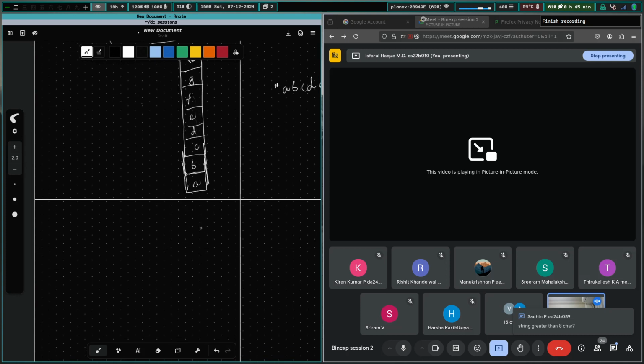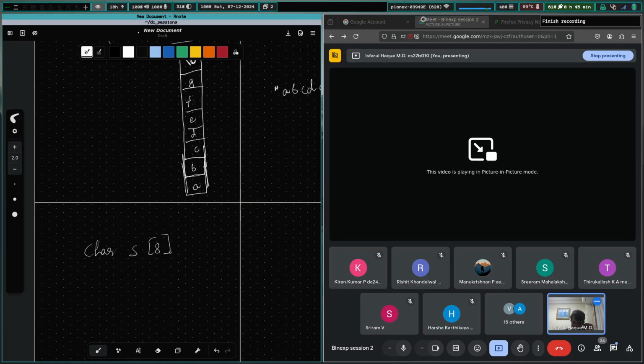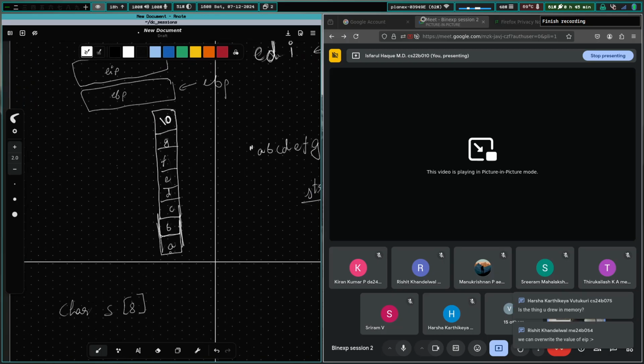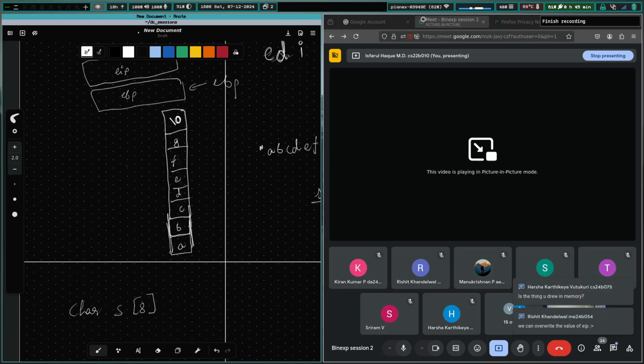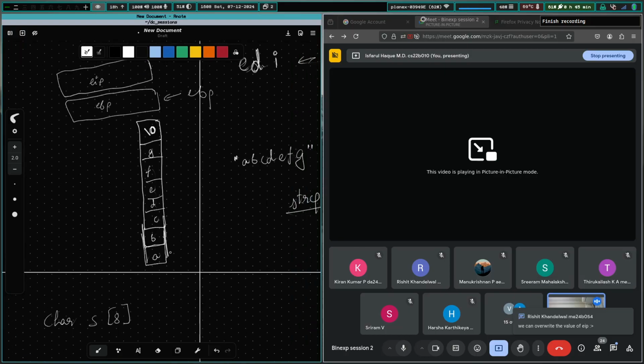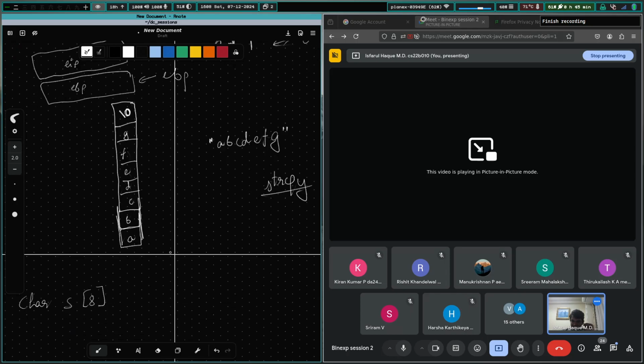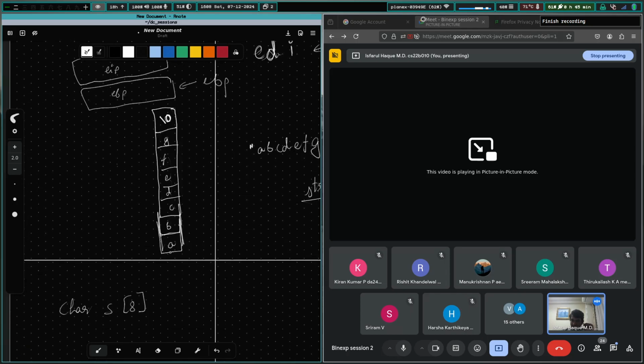So assume your character buffer was size 8. So char s[8] is this thing you drew in memory. Yes, we can override the value of EIP. You can do a lot of fun stuff. Overwriting the value of EIP is the beginning of things.